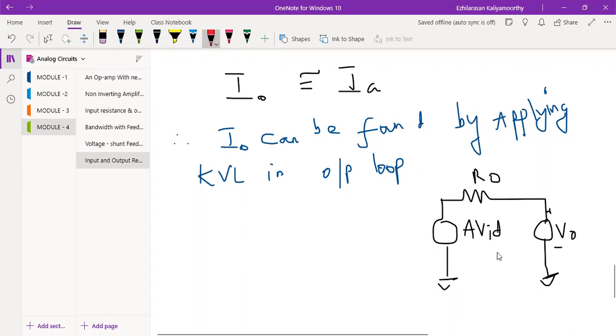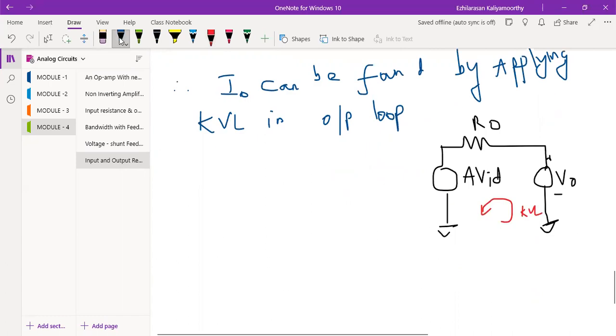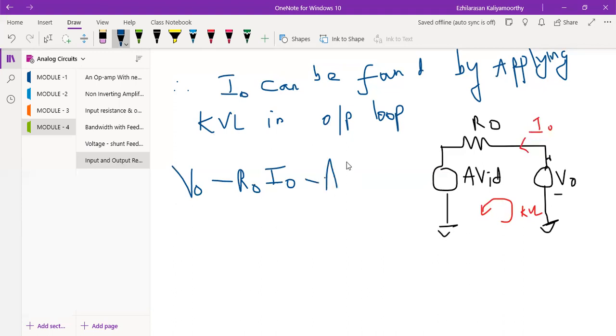So we are applying the KVL in this. When you apply the KVL over there, what is the expression we get? We get the expression as V0 minus R0 I0, because the current which is flowing here is nothing but I0 current. You know the diagram. V0 minus R0 I0 minus A VID is equal to 0.